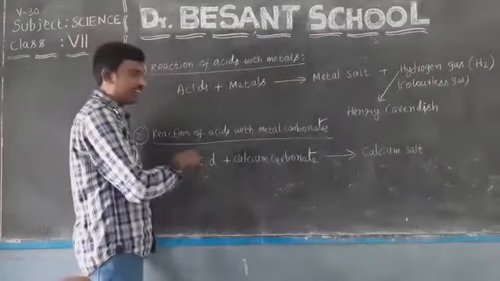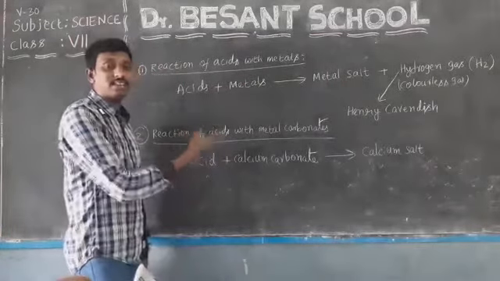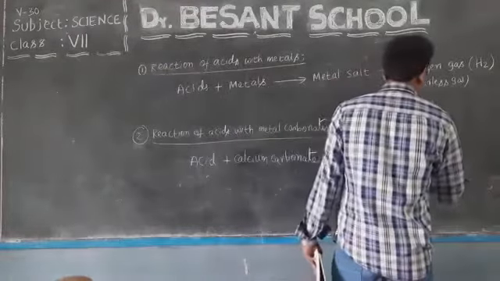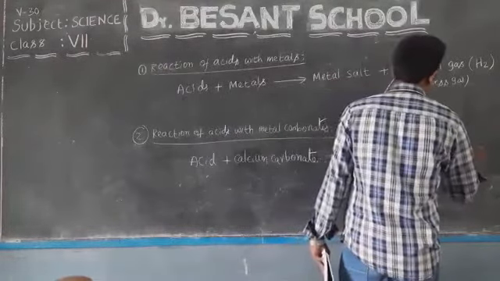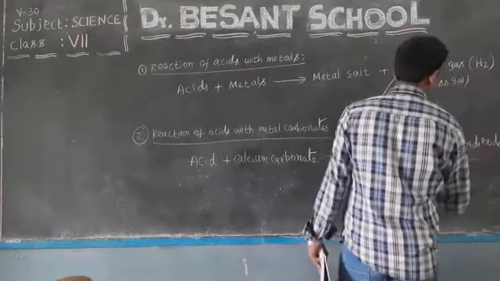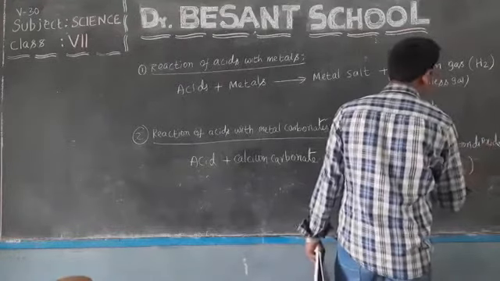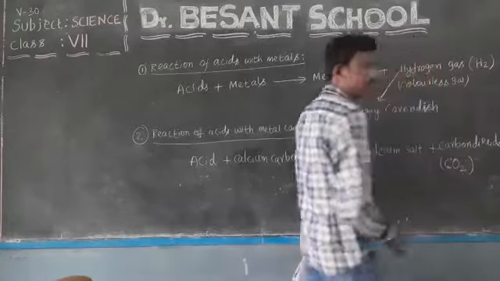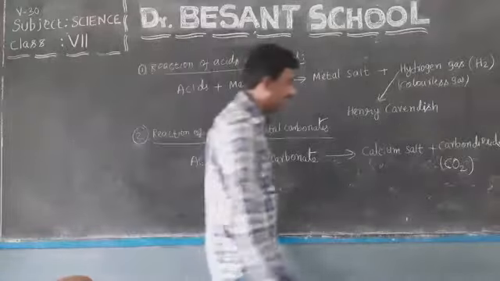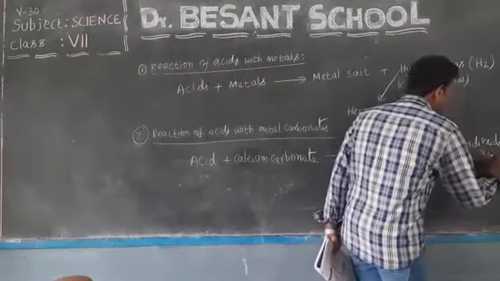If we add HCl, calcium chloride; if we add sulfuric acid, calcium sulfate. So the corresponding calcium salt will be formed and we obtain a gas, carbon dioxide. The formula is CO2. C and O must be capitals. CO2, carbon dioxide gas is liberated.